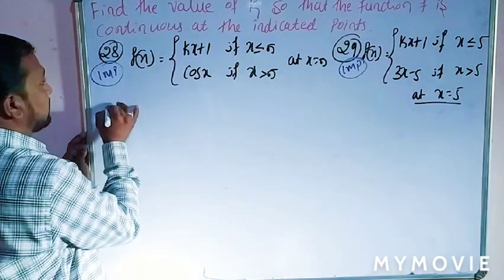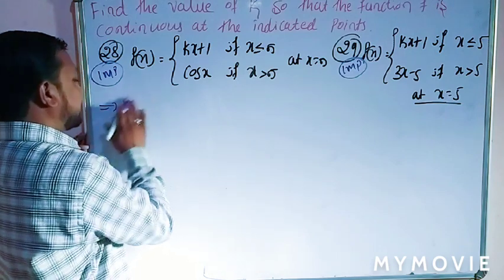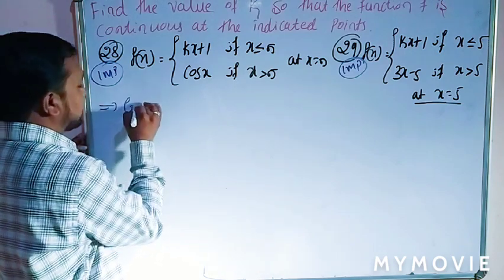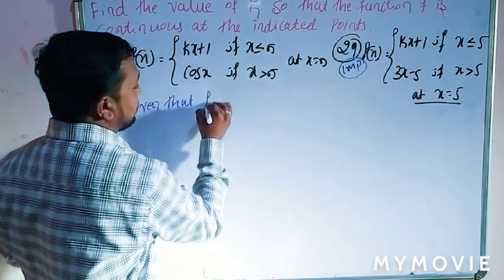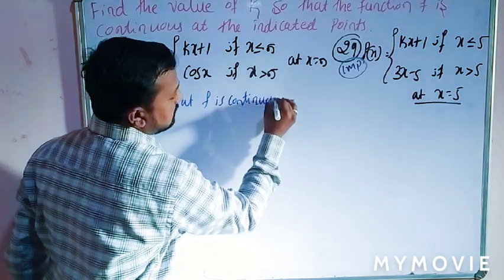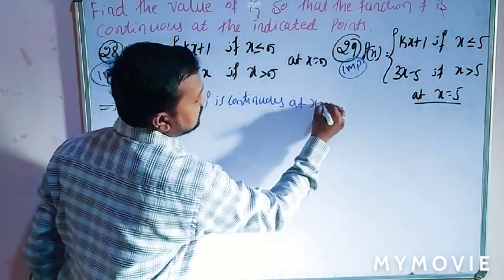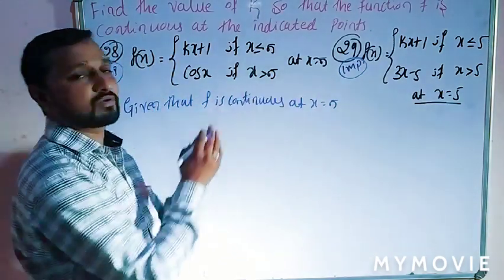Here also 28. The function is given that f is continuous at x equal to pi. So already given that the function is continuous at x equal to pi.